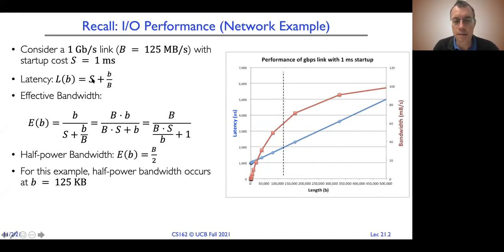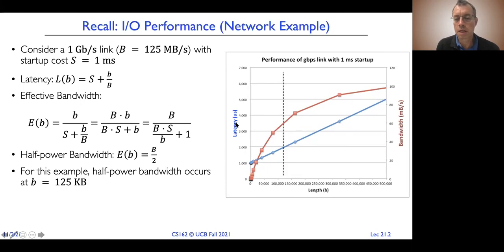You have a factor S, which is the overhead to send that packet, for instance of the system call, plus a variable part, which is small b, the number of bits in the packet, over the capacity of the link, capital B. This formula also works reasonably well for transferring data from the disk. In this case, S represents the rotation latency plus seek time.